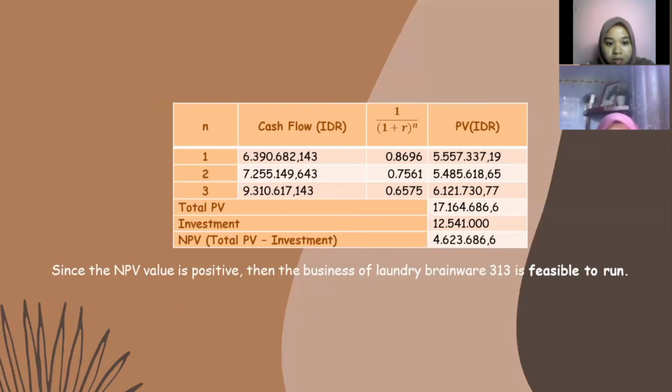So for NPV, we can see from the table for N, we have 1, 2, 3. The first year is 2019, the second year is 2020, and the third year is 2021.